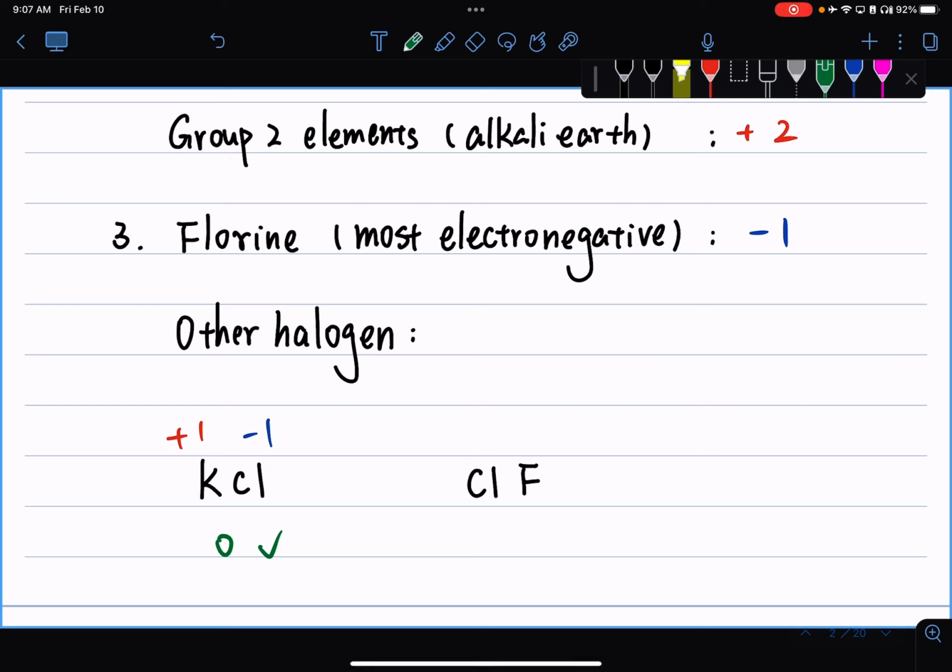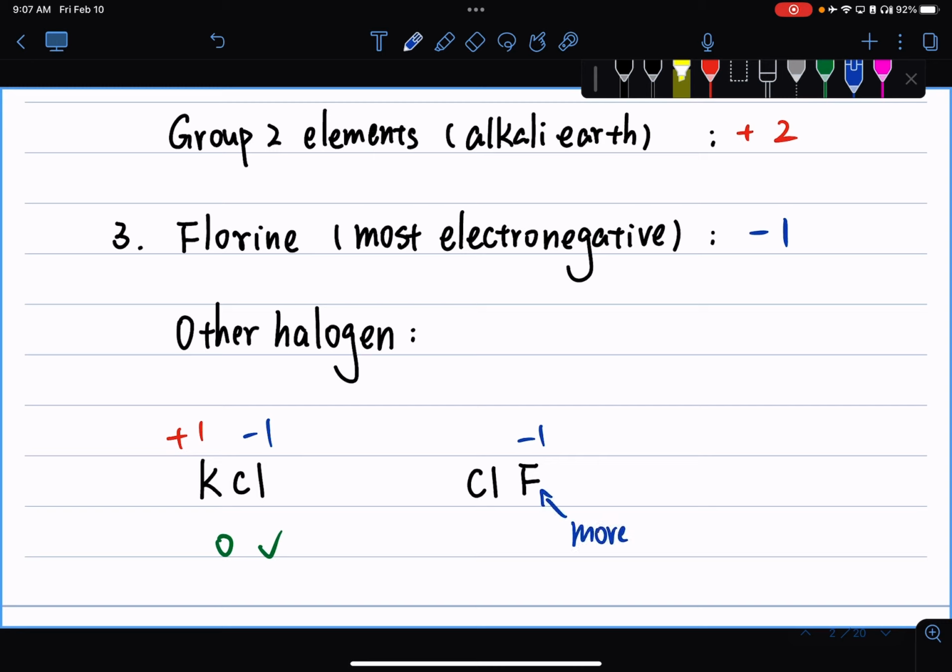There are exceptions for the halogens' oxidation number. So for example here, in this hypothetical molecule of ClF, we know that fluorine is our most electronegative atom. This one is always going to be -1.